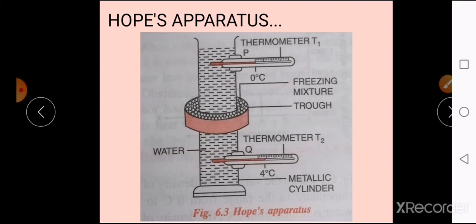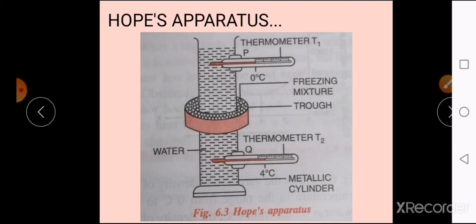Now according to this, initially you know that the thermometer readings T1 and T2 will be at room temperature itself, no change. Now you have already filled this with a freezing mixture, which will be your ice and salt. Since you are having the ice here, the water near to this portion, the temperature will start to change.